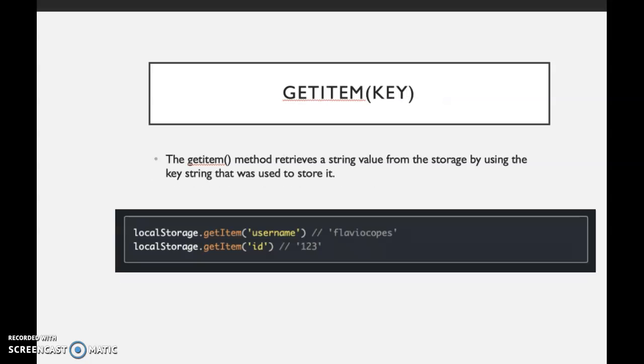Then the getItem method retrieves the string from the storage by using the key string that was used to store it. So we use localStorage.getItem from username or whatever ID.